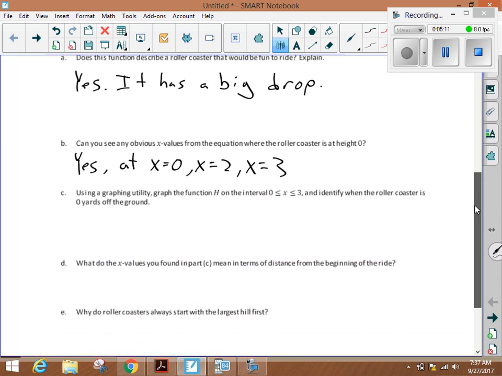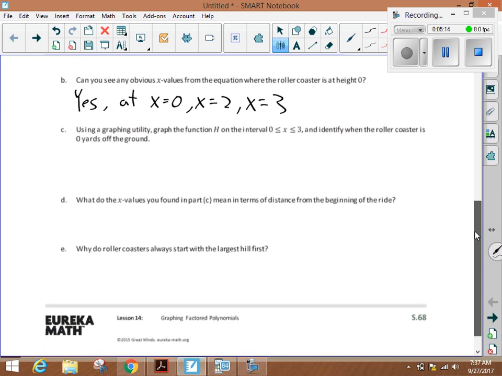So we have already used a graphing utility to graph the function h. And now to put it into context, when is the roller coaster 0 yards off the ground? Well, it is 0 yards off the ground when x equals 0, x equals 2, and x equals 3.